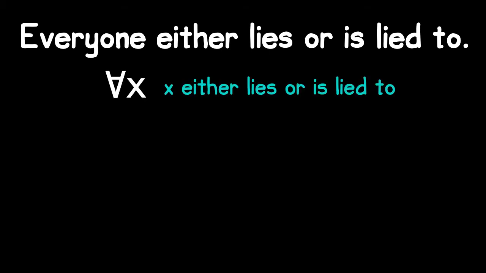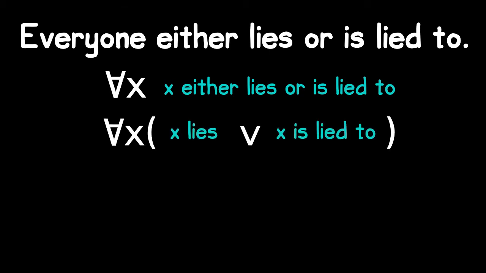Now consider the sentence, everyone either lies or is lied to. At a big picture level, it's a universal sentence. For all x, x either lies or is lied to. And we can recognize that x either lies or is lied to as a disjunction. So in the next step, we split it up. For all x, parentheses, x lies or x is lied to, close parentheses.